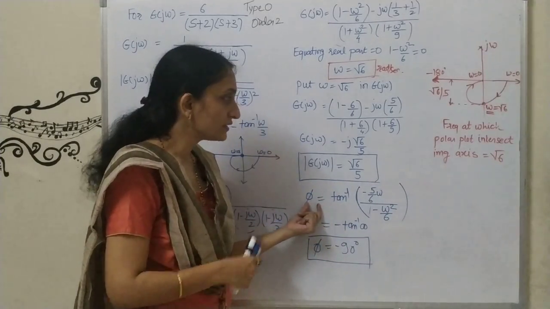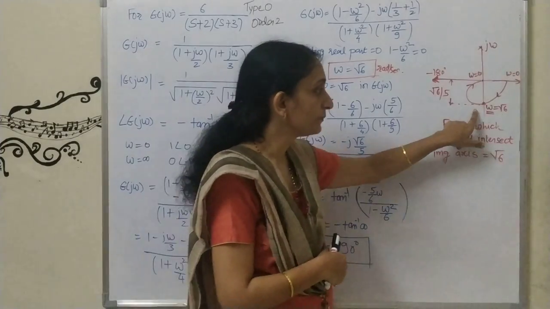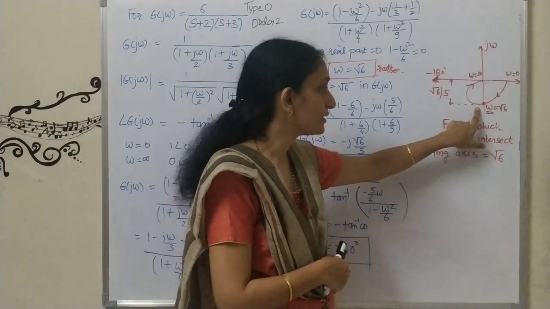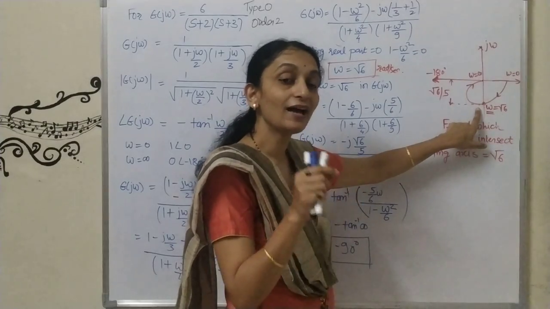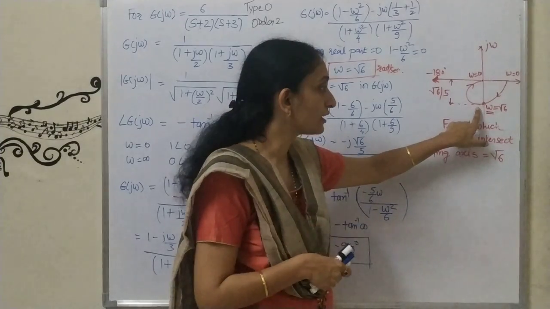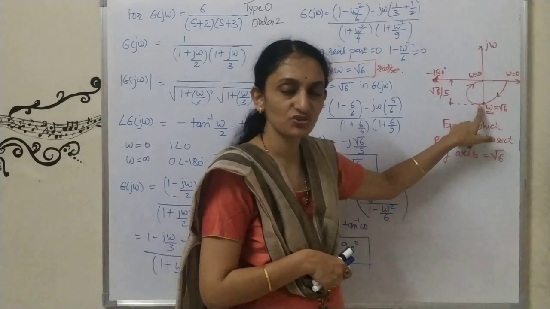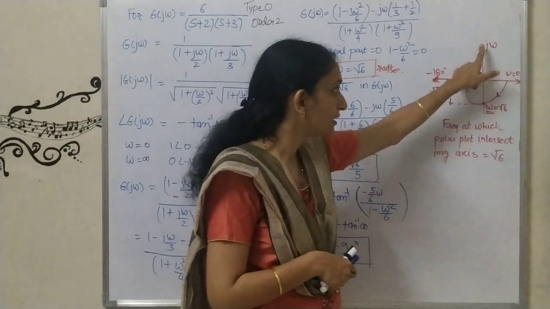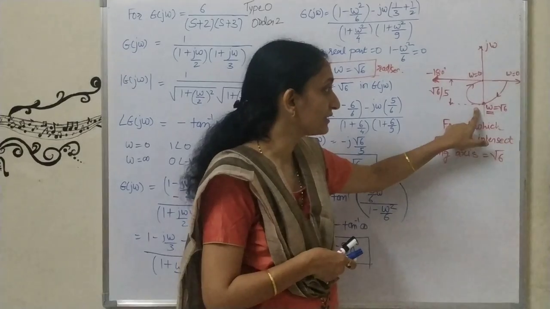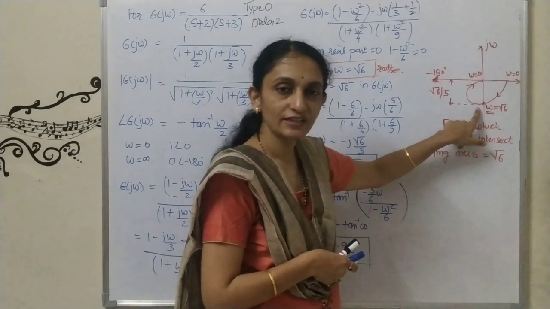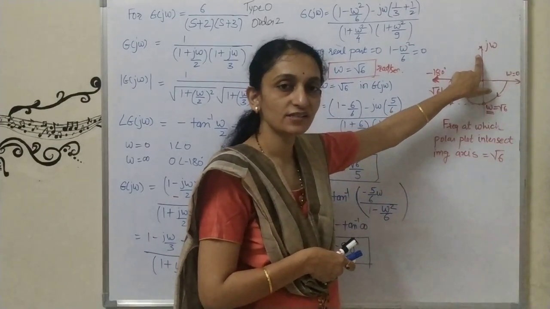Okay, so look at this, I told you that here I have calculated the frequency, that frequency is actually root 6. But I need to calculate the angle at which the polar plot is intersecting this imaginary axis. Okay, from this you can check that when I am saying the imaginary axis, the polar plot will either intersect at minus 90 degree or it will intersect at plus 90 degree.